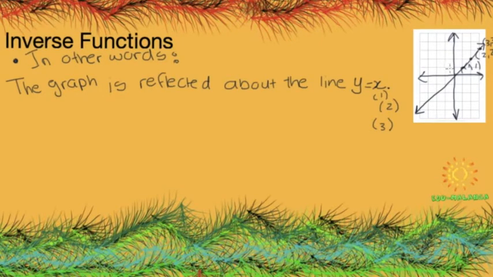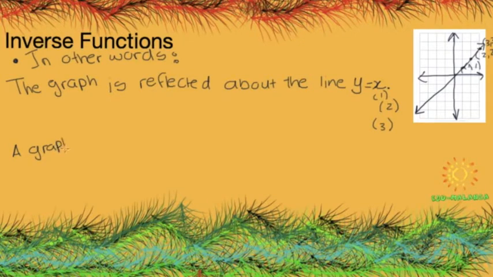Essentially, if I put a mirror on that line, whatever is on one side of the mirror will appear on the other side, reflected or inversed about that line.